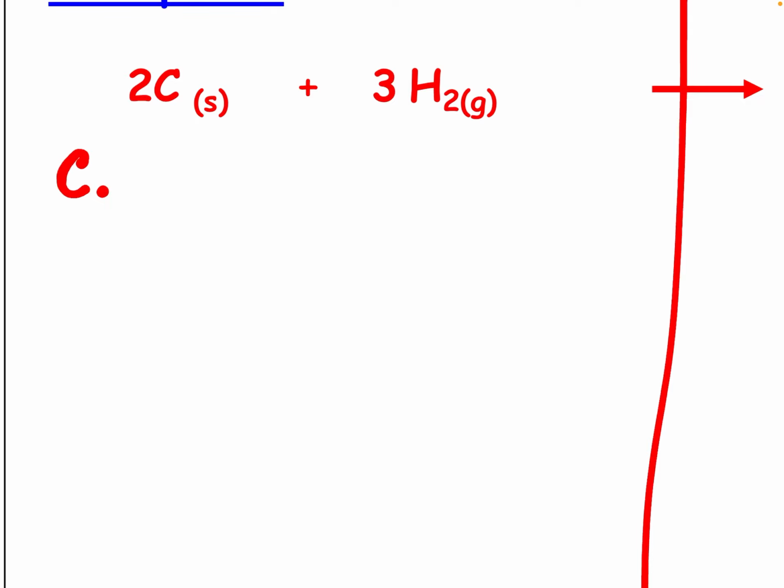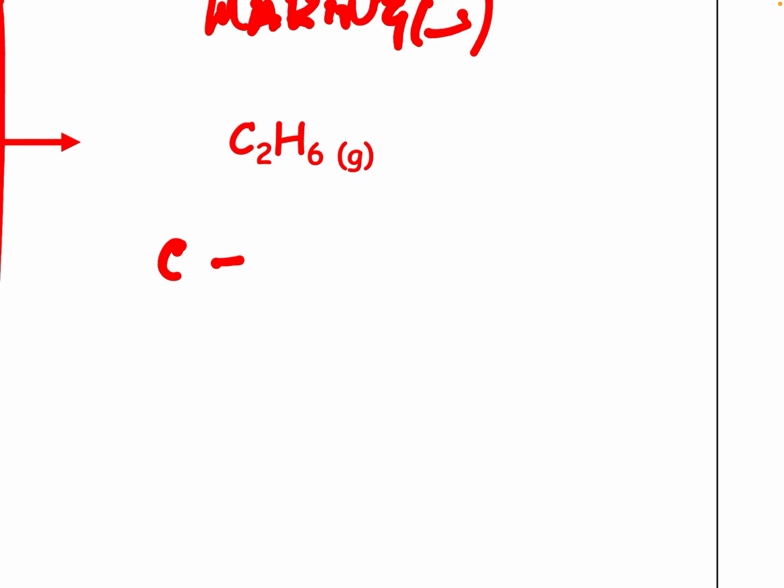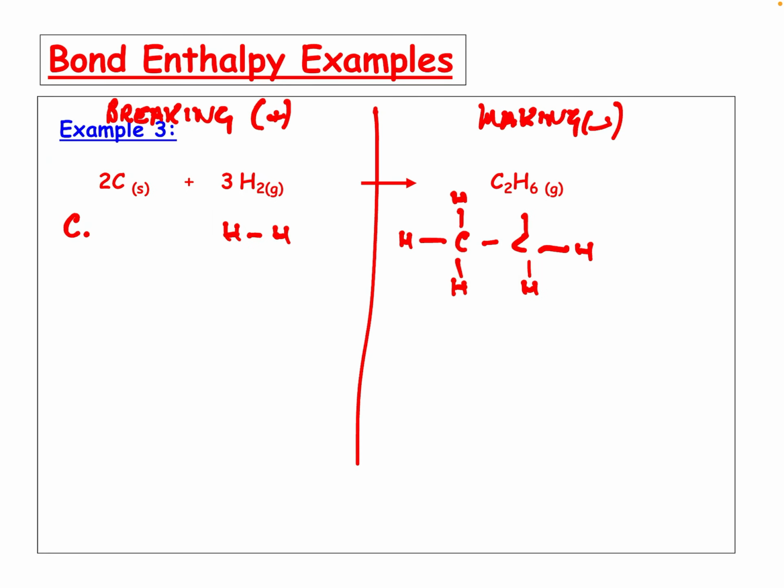This is C, we'll draw here, and then this is going to be H2. And then this is going to be ethane. There we go. What we're going to do is have a look at this just now. Oops, there's a wee H missing. And we're going to go through.